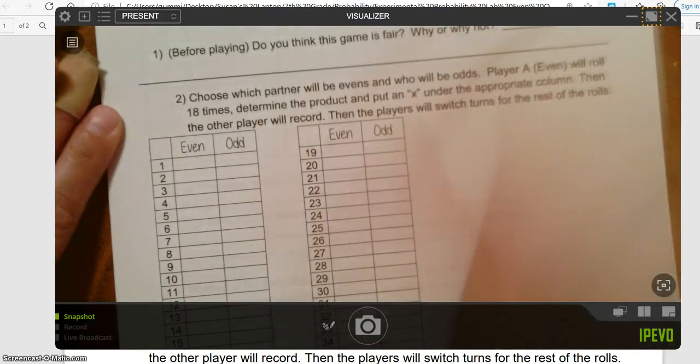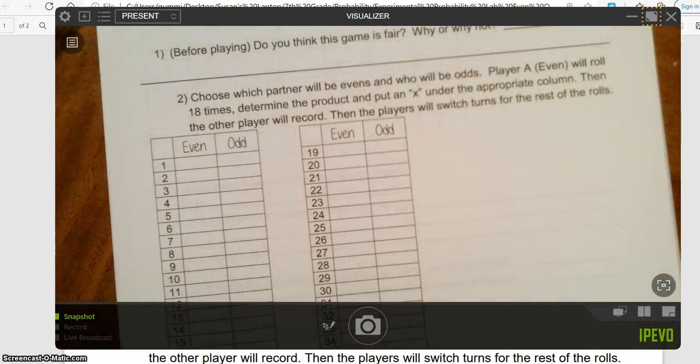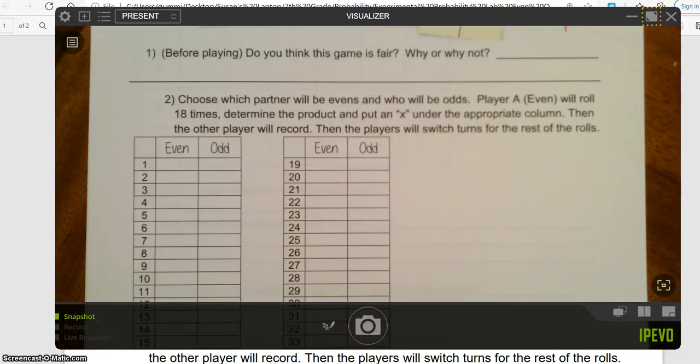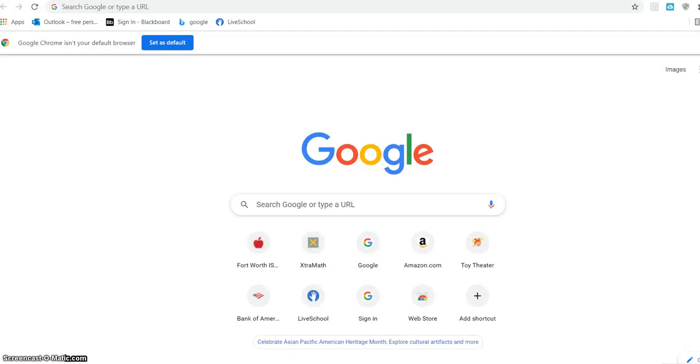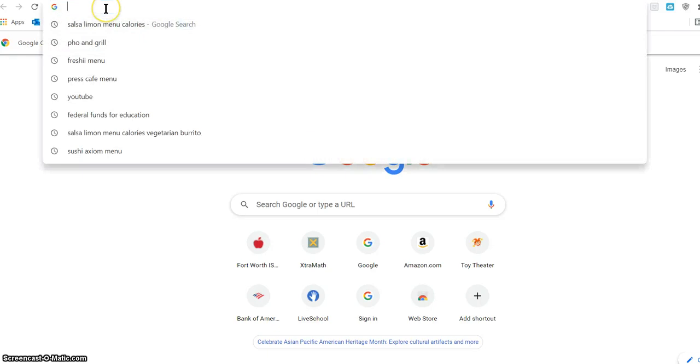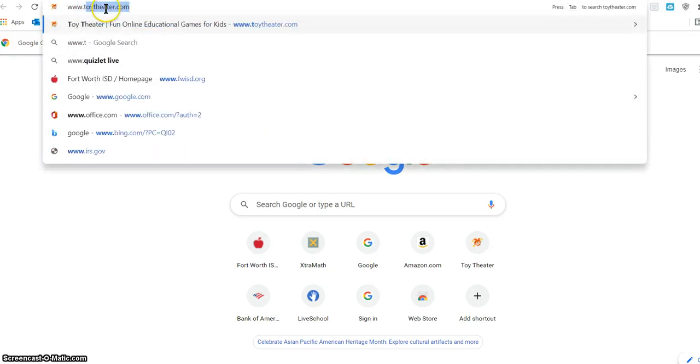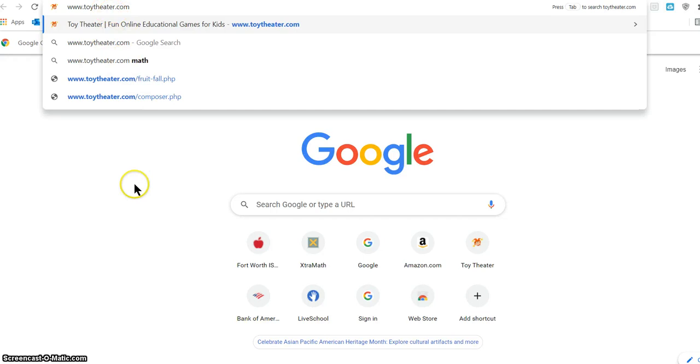So, what I want you to do is go to toytheater.com. Remember when we used to do this? Look there, okay?